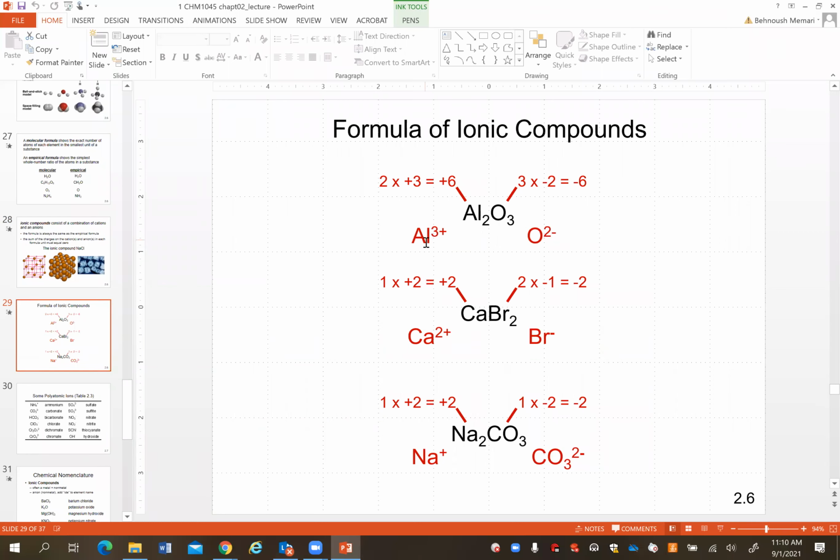This would be the choice: aluminum wants to be like neon. That's how you decide whether aluminum would be like argon or neon. It's going to be like neon because it makes more sense. Losing 3 electrons is easier than gaining 5 because 3 is less than 5.